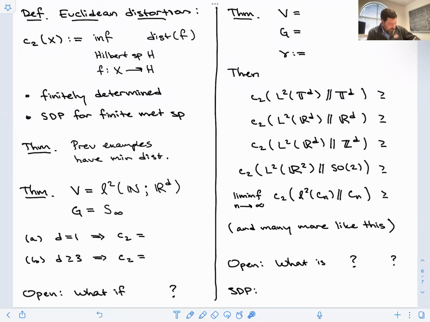So the theorem here is if D equals 1, so this is sequences of real numbers, we know what the Euclidean distortion is. It's 1. We constructed an isometry of these into little L2, and it amounts to essentially sorting the numbers, and that gives you something in little L2.